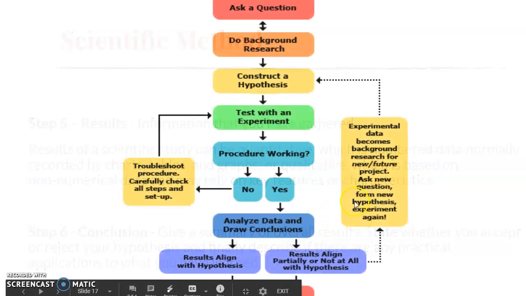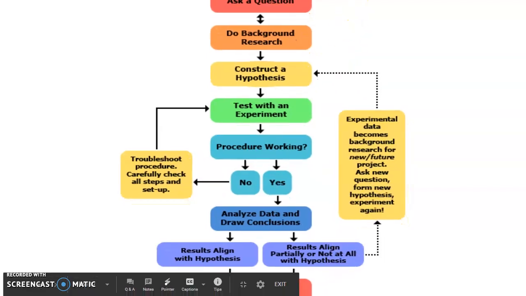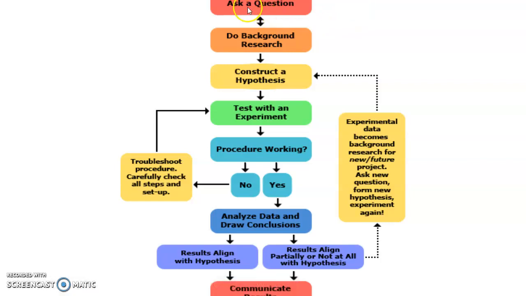And that is it. Here is a quick chart for you to use to understand this better. First you would ask a question, do some research, construct a hypothesis, test with an experiment, and see if the procedure is working.